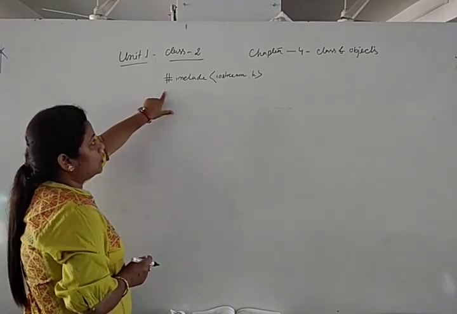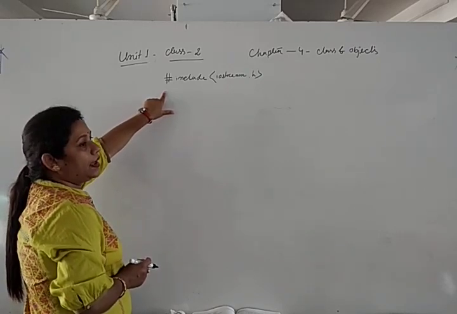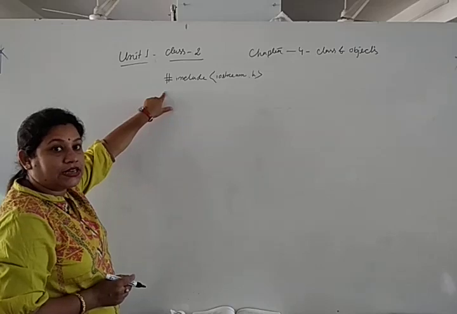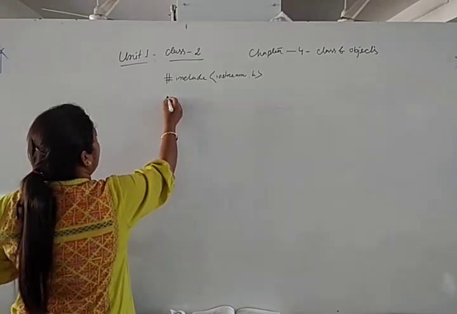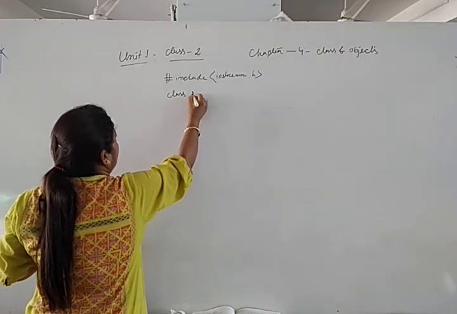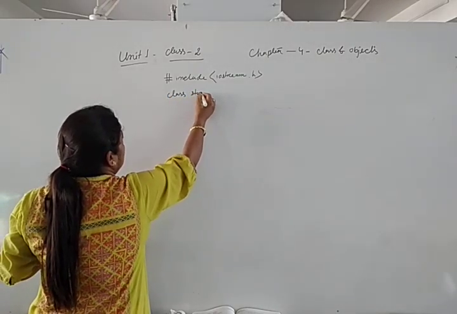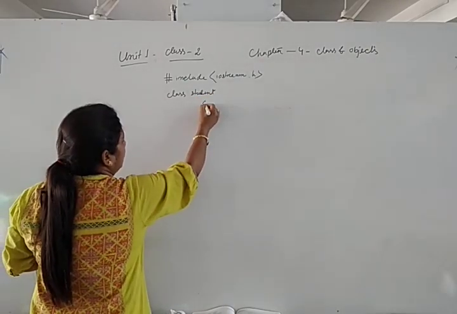After that, I am not going to start the main function. First I am going to declare one class. So here I declare one class, that is class student, begin.